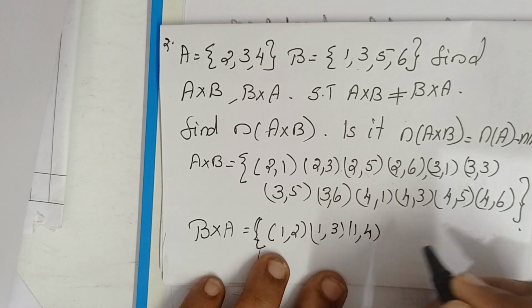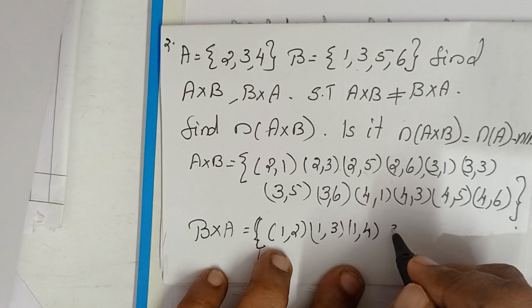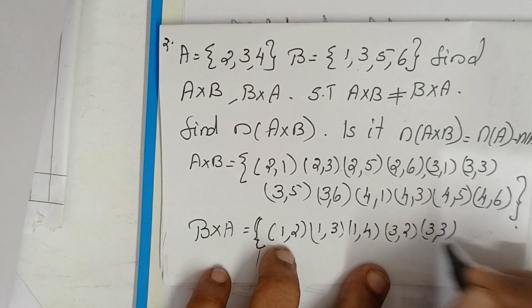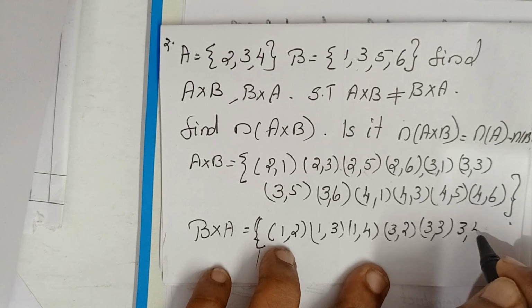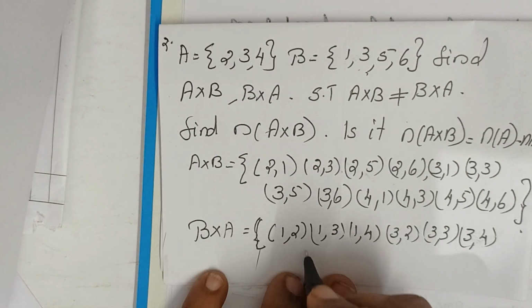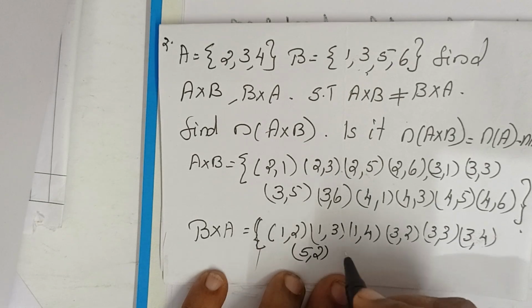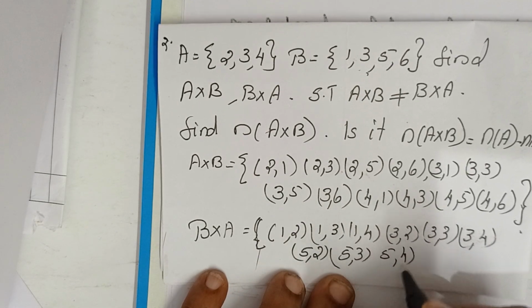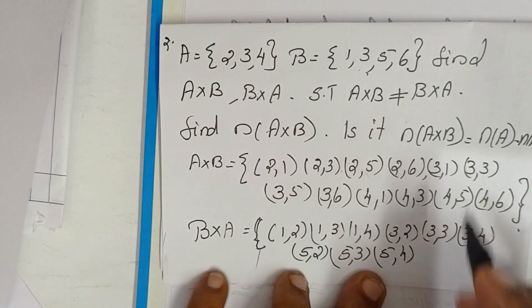Then start with 3: (3, 2), (3, 3), (3, 4). Then (5, 2), (5, 3), (5, 4). Yes, last pair, (6, 2).